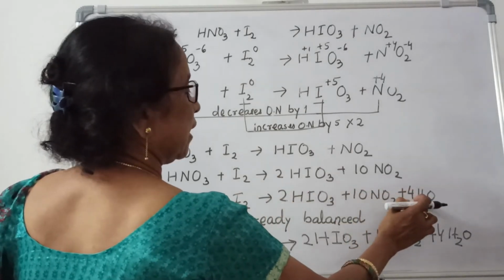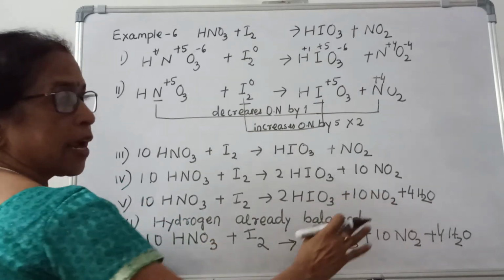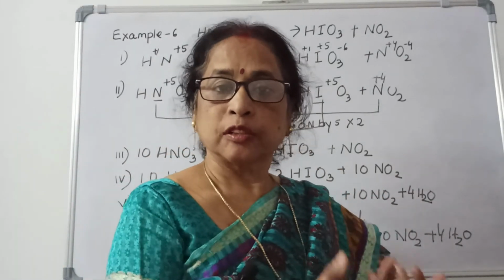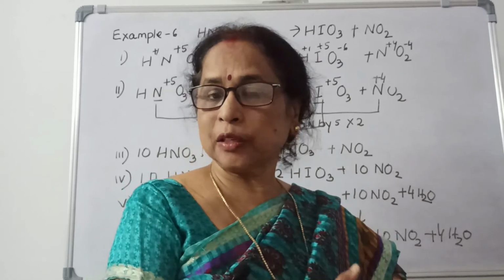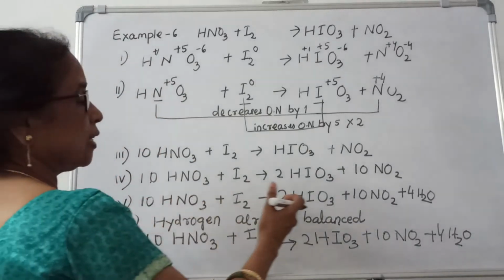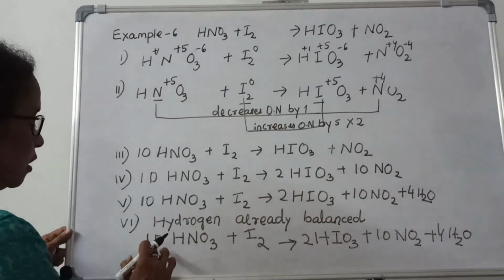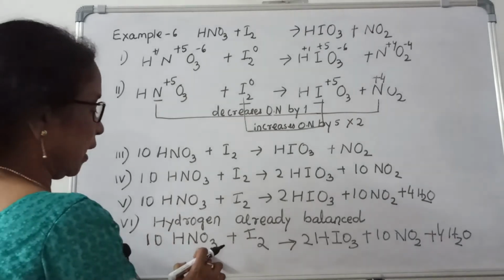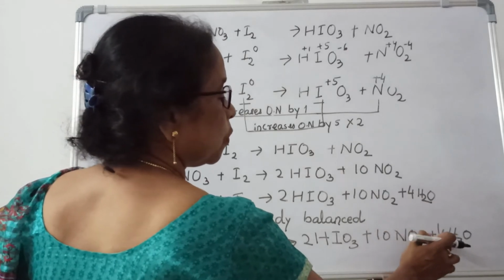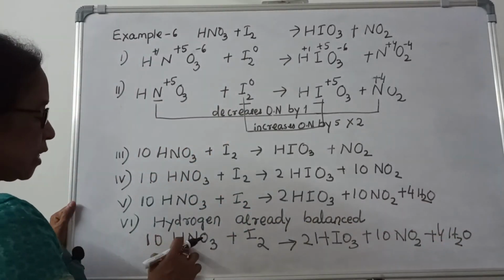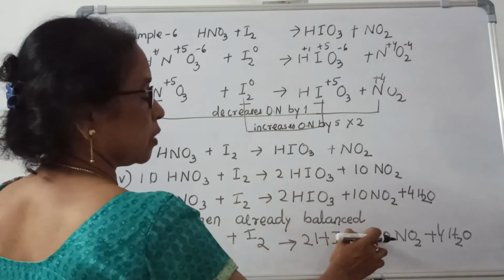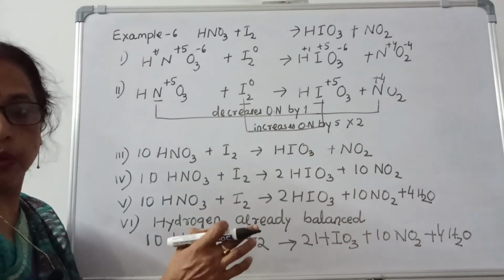Both sides hydrogen atoms are already balanced in this equation. Since hydrogen atoms on both sides are balanced, we can say this is the final balanced equation. See here, 10HNO3 plus I2, arrow mark, 2HIO3 plus 10NO2 plus 4 water.